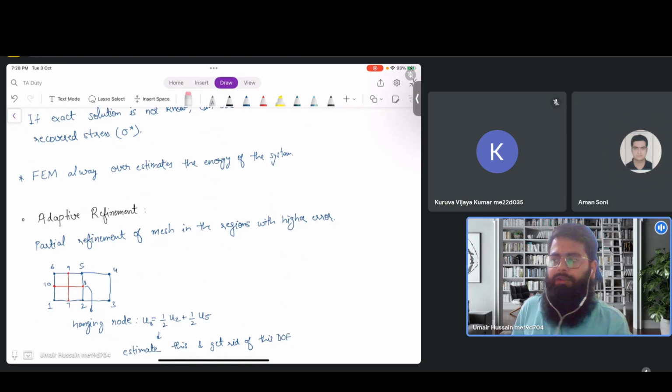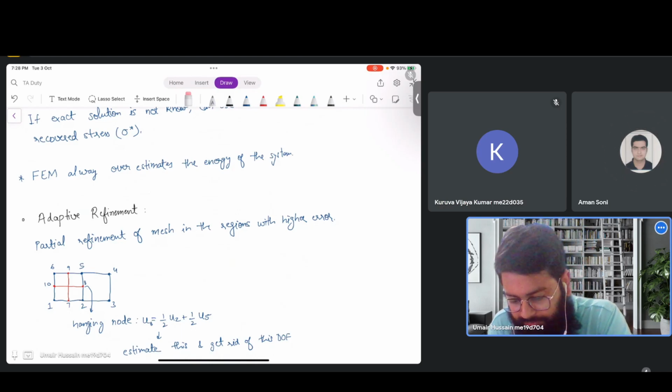Yeah, I got it. I can't remember the exact concept, but I read something like this in SOM, from the FEM model. Okay, yeah, so this is a fact we can remember.